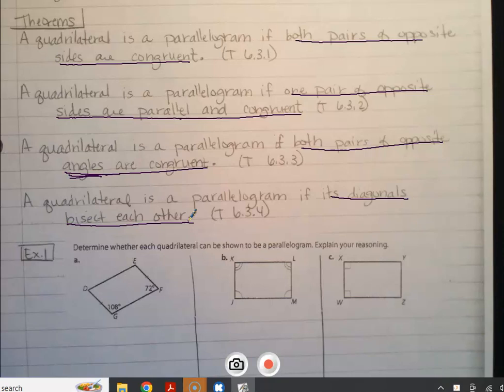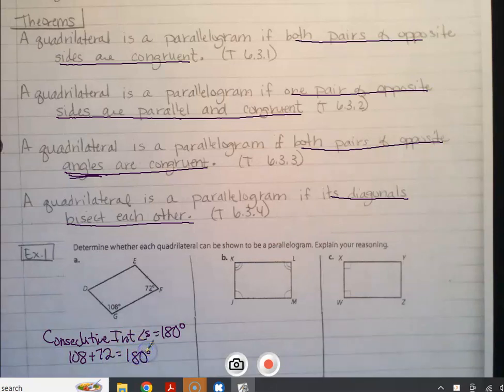What do we know about consecutive interior angles? Okay, so consecutive interior angles have to equal 180 degrees. So let's check it. 108 plus 72. What's that? Equals 180 degrees.